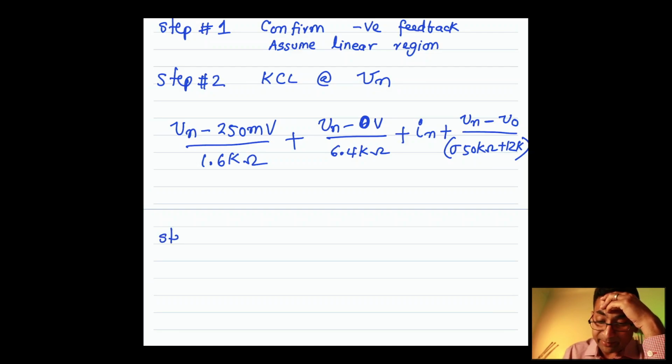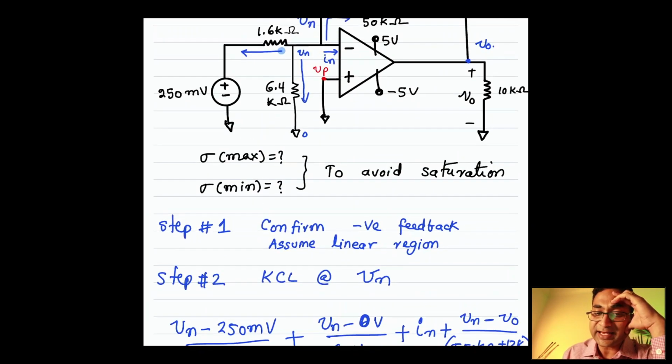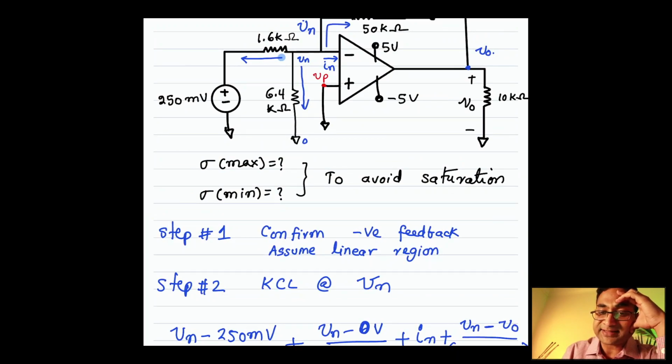Let's look at step number 3, which is to apply the different rules. Vp equals Vn is the first rule, In equals Ip equals 0 is the second rule. In this case, think about it, Vp is tied to ground.